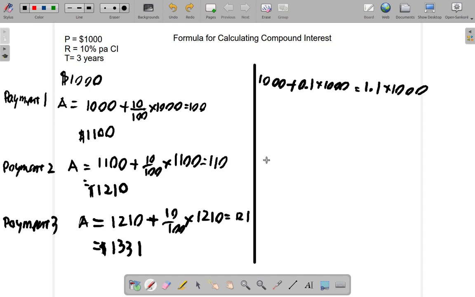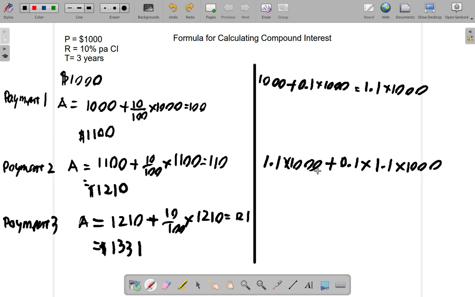Payment 2. You had your 1.1 of 1,000, which was your 1,100. Then that was added to 10%, which is the same as 0.1, of your 1.1 times 1000.